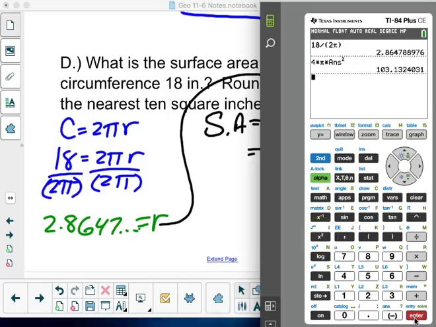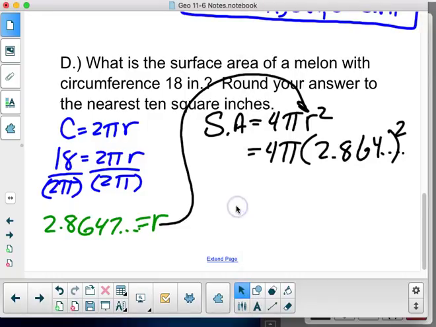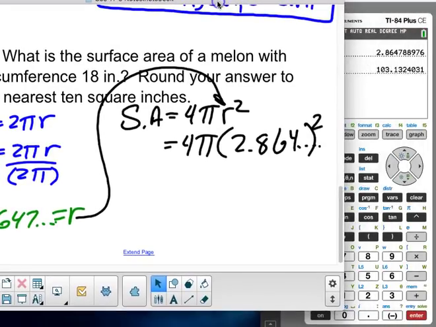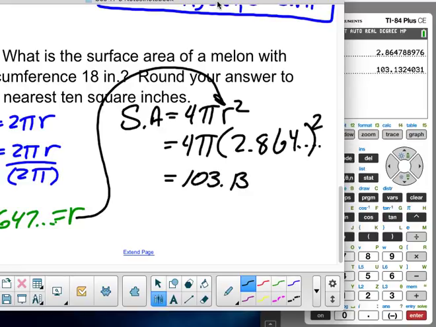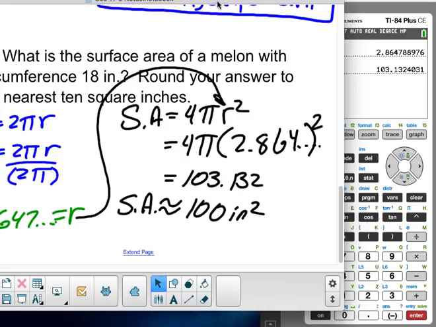It's 103.132. Okay, and they say your answer to the nearest 10 square inches. So I get my answer here as 103.132, but they say, hey, to the nearest 10, so it's approximately, my surface area is 100 inches squared.